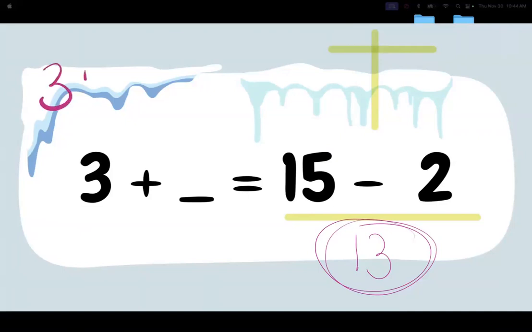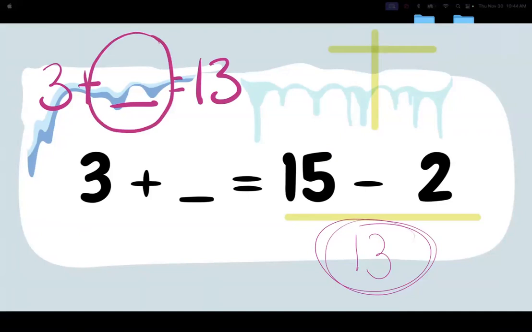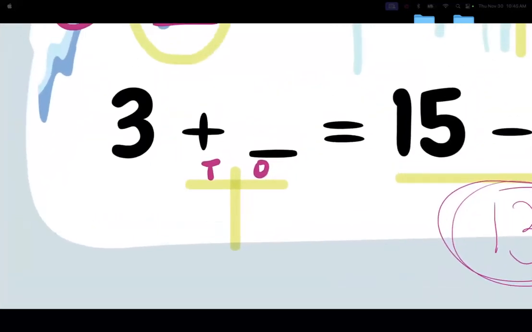Look it. So we have 3 plus blank equals 13. Rochelle, how do we get to 13? How many would it take to get to 13? If we put it in our 10s and 1s, let's put it here so we can see it, right? So we have 3.